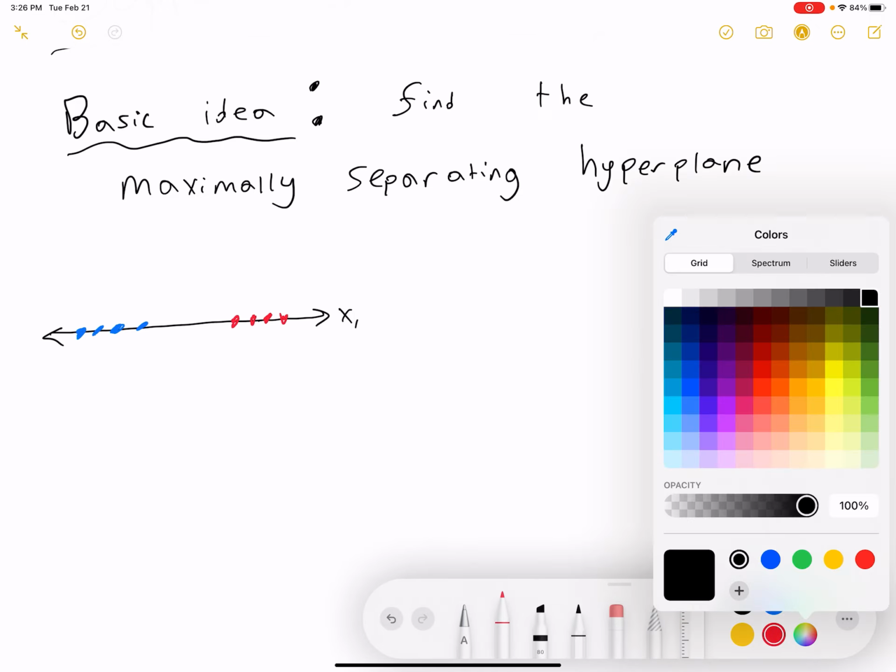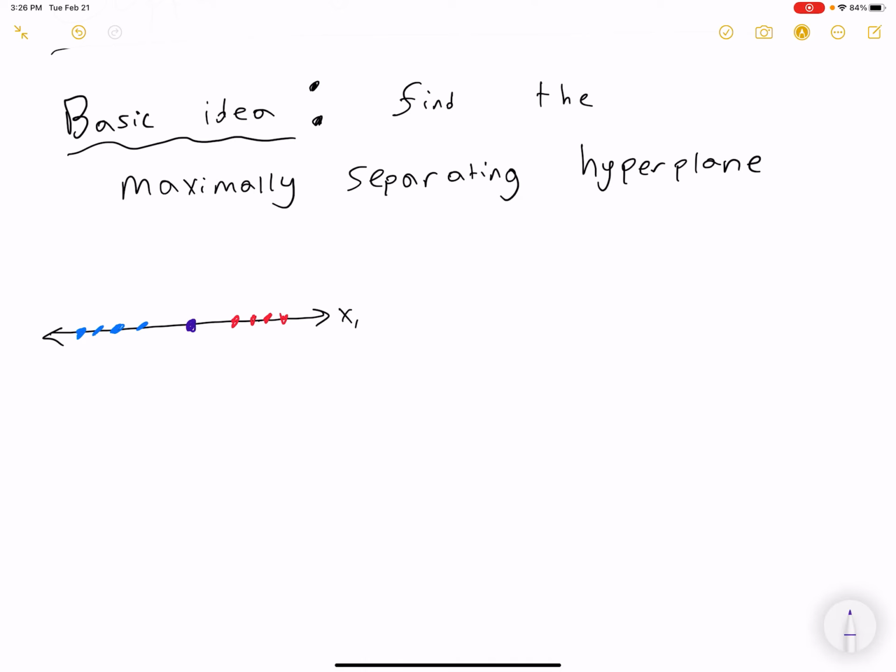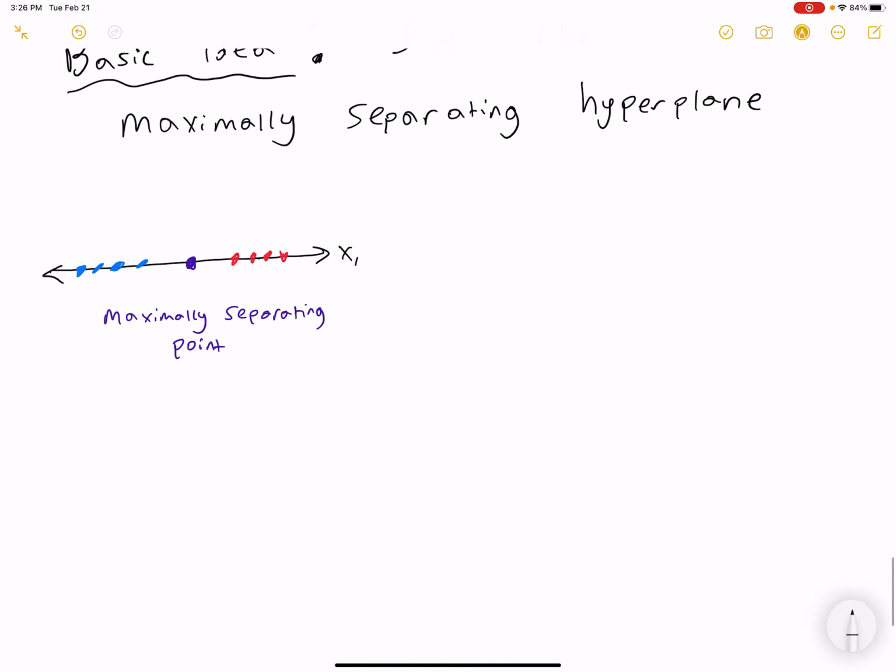We would be learning the maximally separating point. And we're going to think in higher dimensions today, which will be a little bit fun.